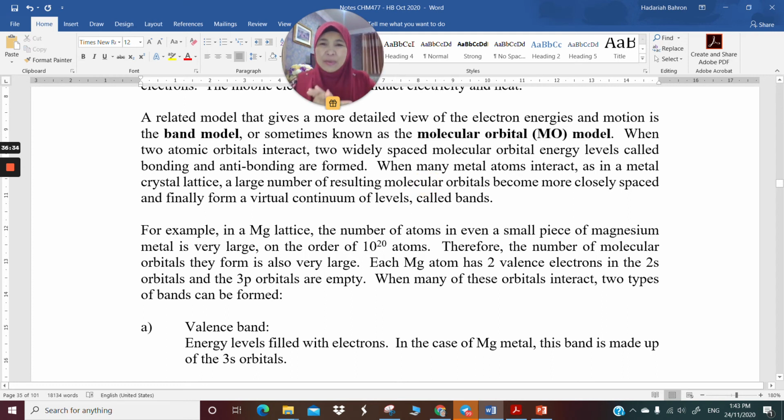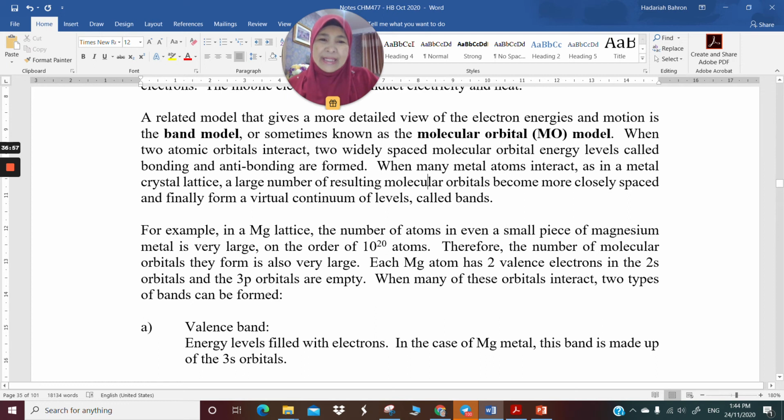Now, go back to molecular orbital. When two atomic orbitals interact, of course, you have a bonding and an anti-bonding molecular orbital. Agree? That is what we understood through the molecular orbital model.